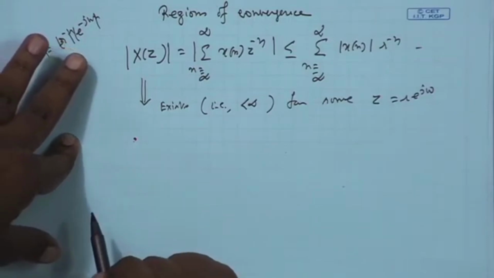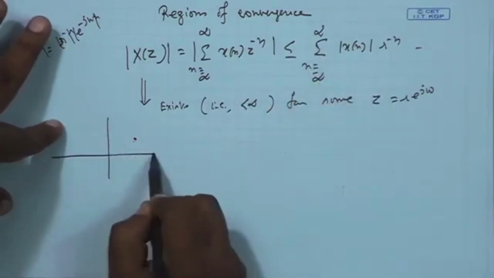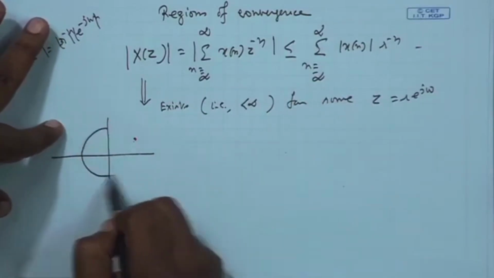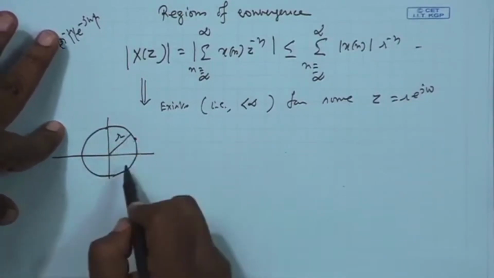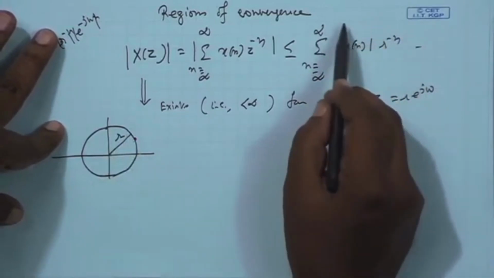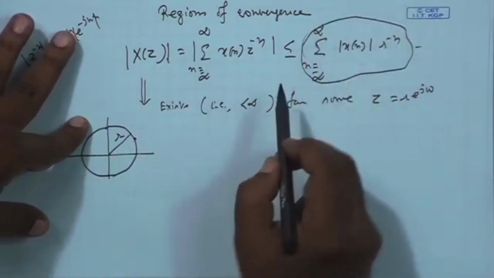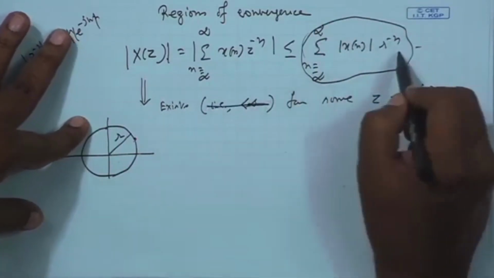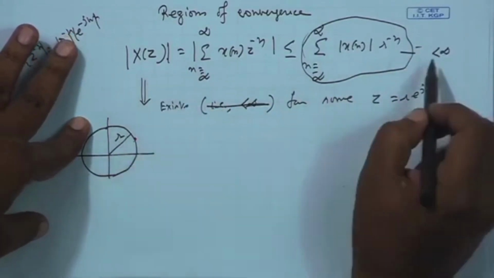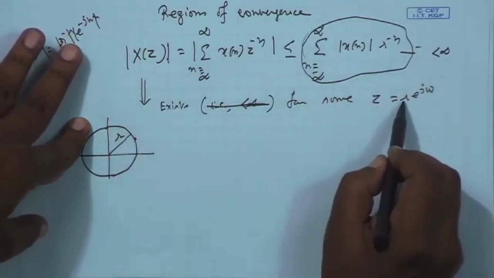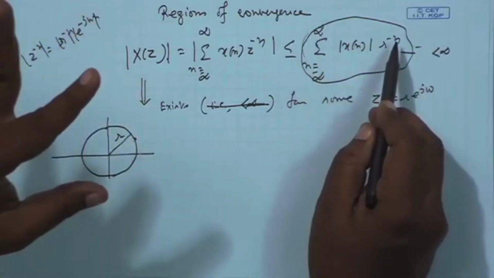That means, if you draw a circle in the z plane of radius r, omega has no effect on this summation. It is finite for some z whose magnitude is r, and this summation has got nothing to do with omega, it is free of omega.